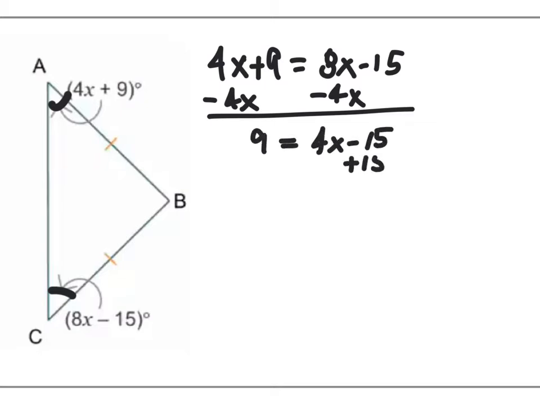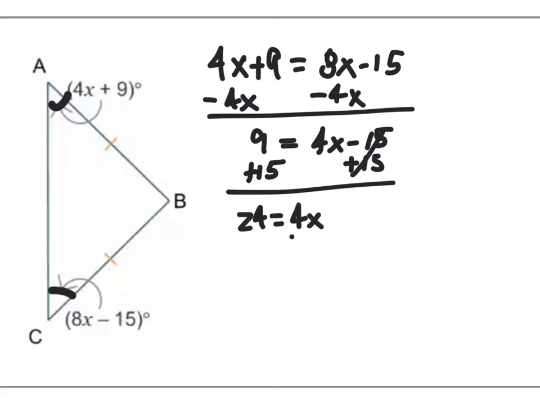Then I'm going to add 15 to both sides, so 9 plus 15 gives me 24 is equal to 4x. Divide by 4, and I get that x is equal to 6. So I've solved for x.